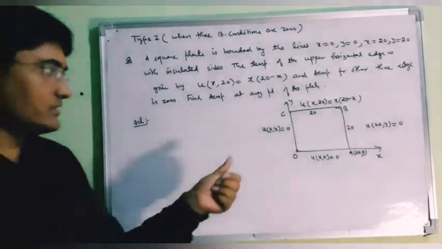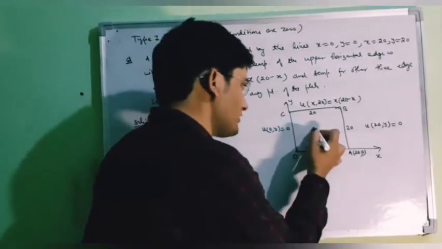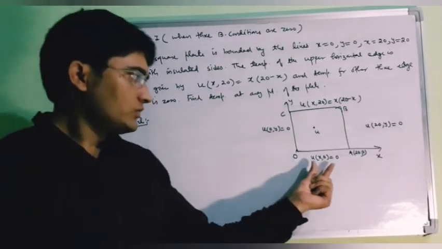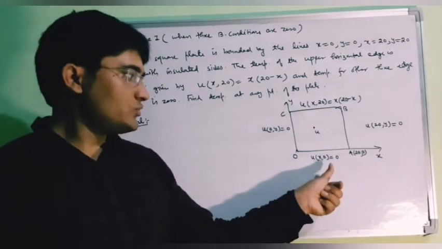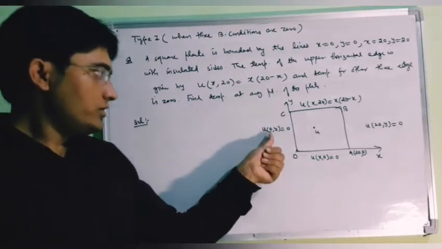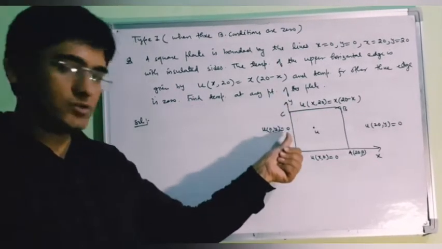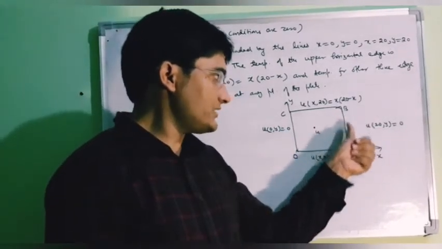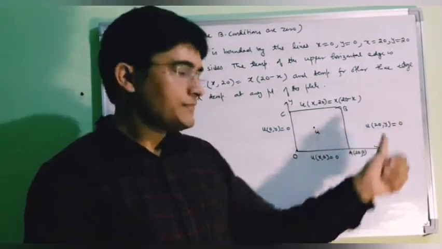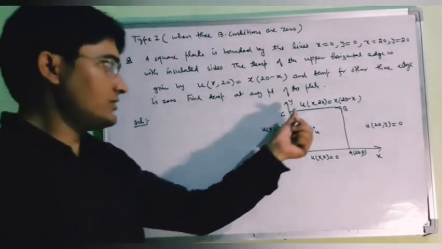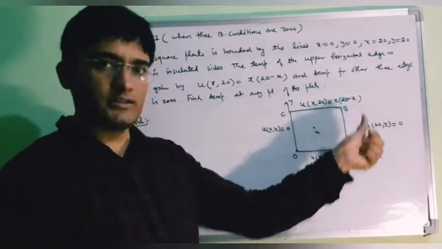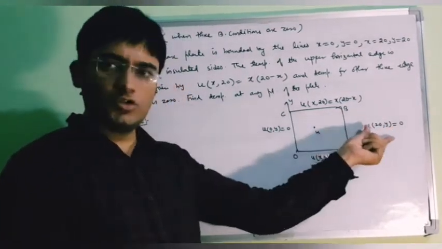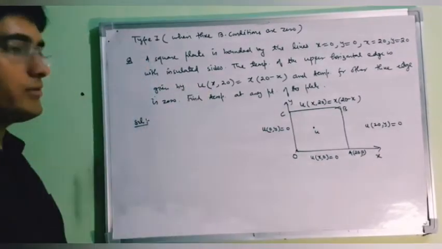So our boundary conditions are: u(x,0) equal to 0, that means when your y is 0; u(0,y) equal to 0, that means when your x is 0, your temperature is 0; and for the third edge when your x is 20, again your temperature is 0. So for the fourth edge our temperature is given as x into 20 minus x. So on taking these three zero boundary conditions, we will try to solve the problem.